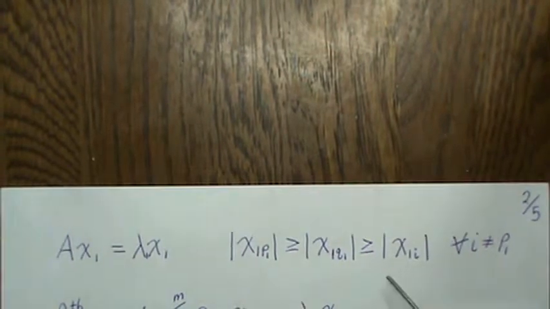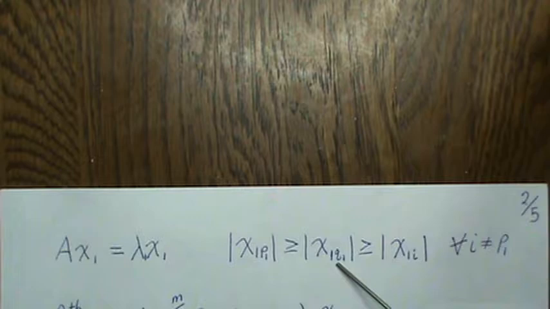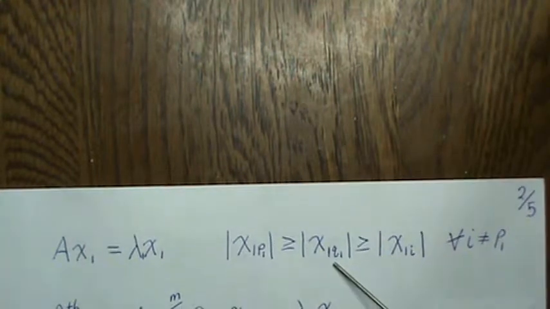So for this proof, we assume the two largest are non-zero.